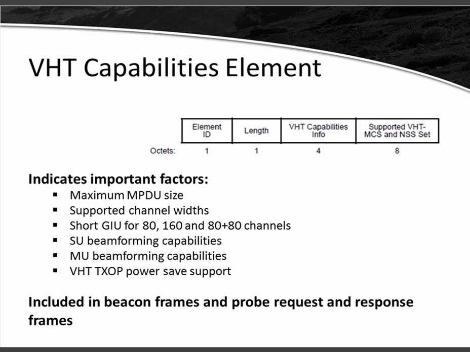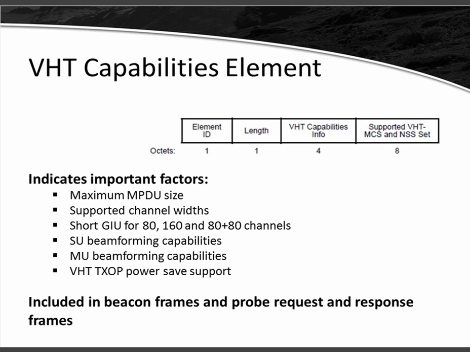What about the single user beamforming capabilities? So this will communicate whether or not the station is capable of sending or receiving single user beamforming and multi-user beamforming. All of that's included in this. And then the VHT TXOP power save support, whether that is going to be supported or not. It's a new power save feature in 802.11ac that has been added.